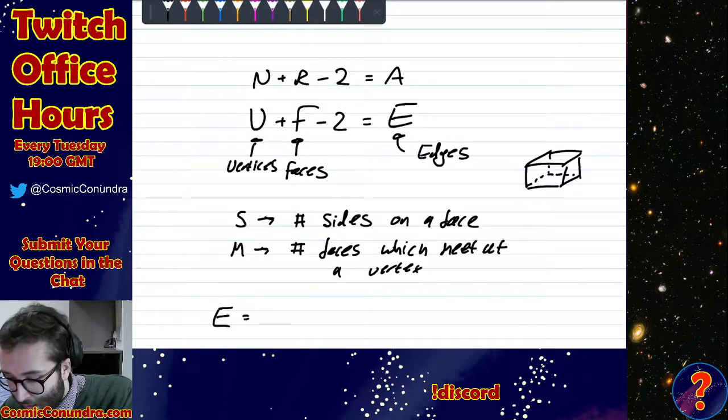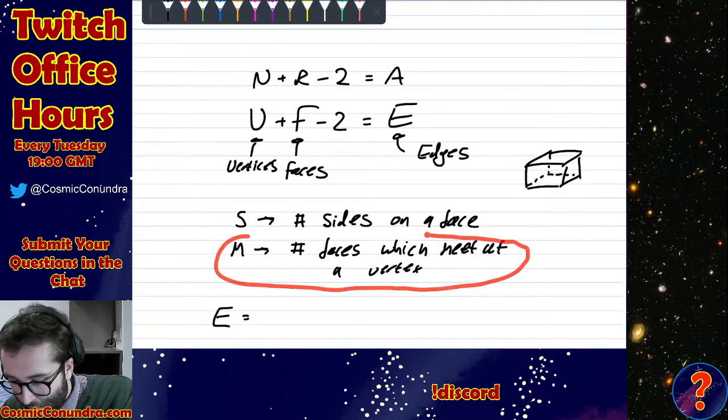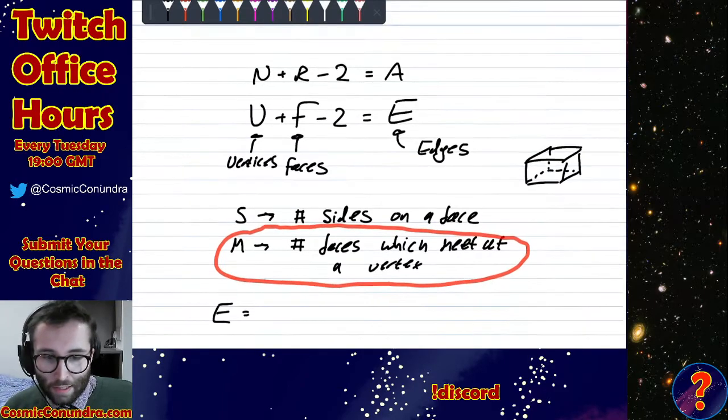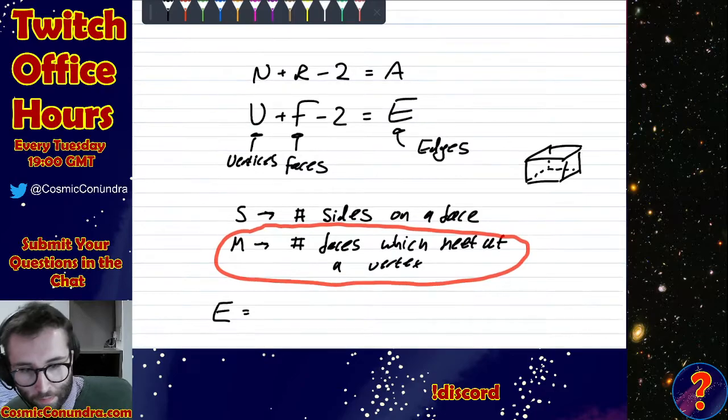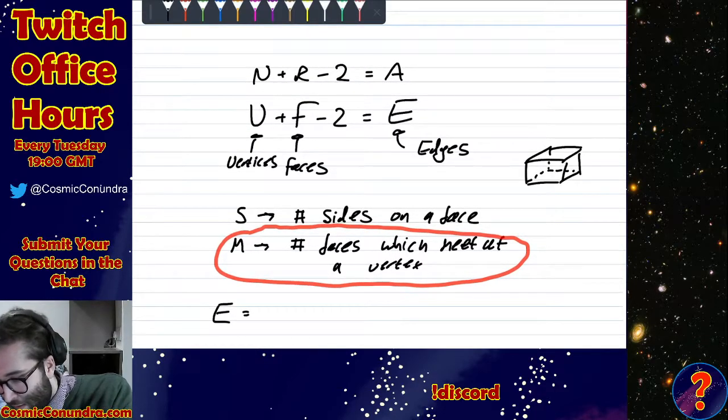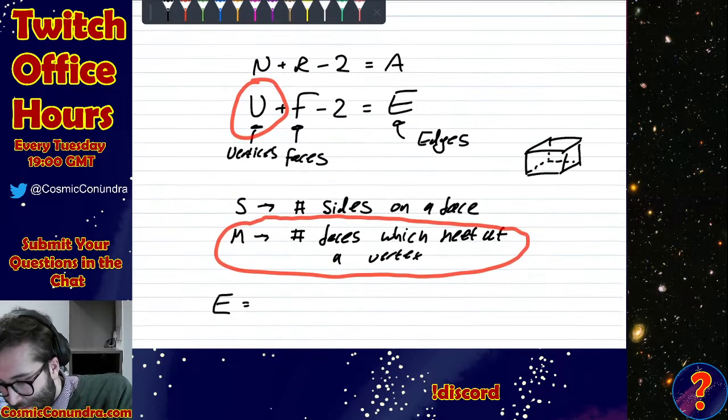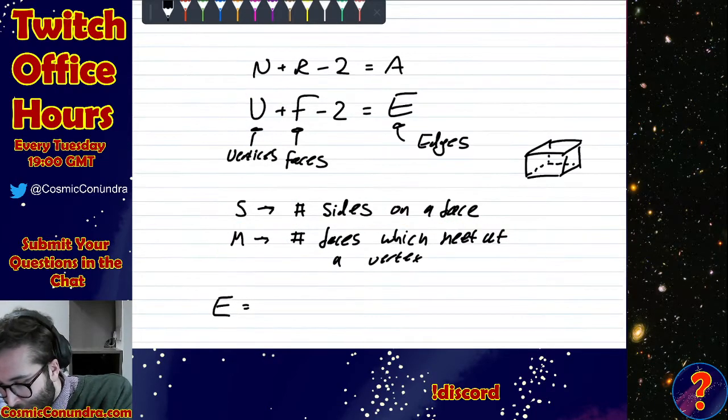If there are m faces that meet at a vertex, and there are v vertices, that means that the total number will be v times m.